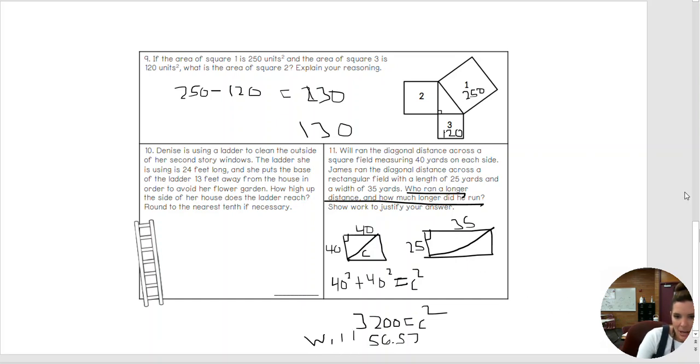Okay, now for James, we're going to do 25 squared plus 35 squared equals side C, which is the one that we don't know. So when we do 25 times 25, we get 625. And 35 times 35 is 1225.